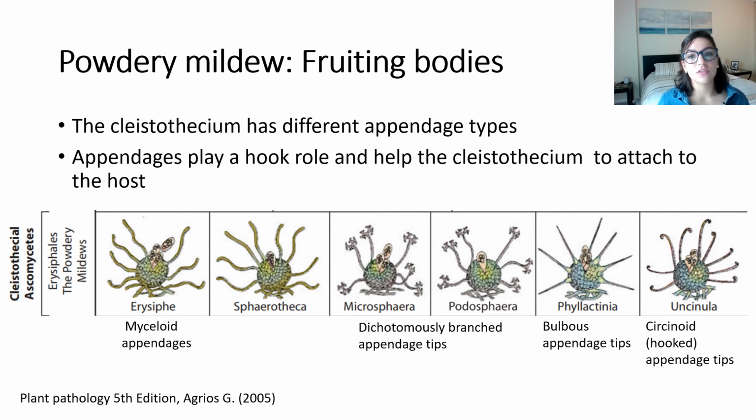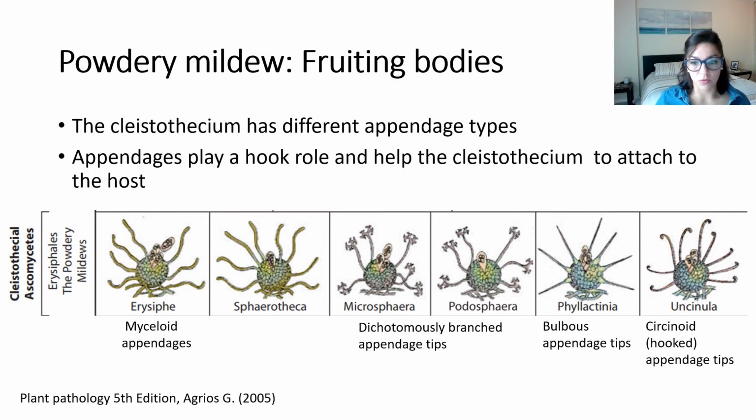As we learned before, the fruiting bodies of the powdery mildew are the cleistothecia, and cleistothecia from different species have different appendage types. And the appendages are very important for these fungi because they play a hook role and help the cleistothecium to attach to the host and to cause the initial infection.